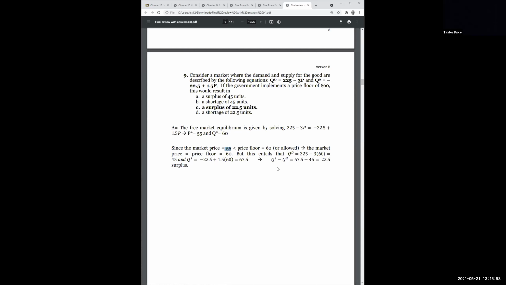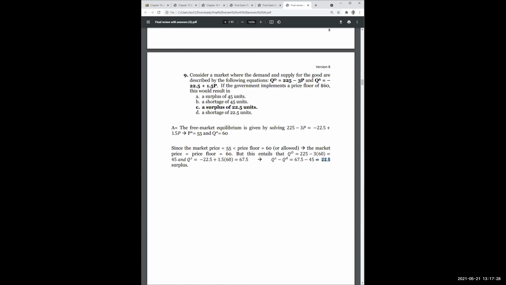Then from there, you need to find the quantity demanded and the quantity supplied at the price. To do that, you plug the price floor of $60 into the demand equation, and also into the supply equation. Then you subtract the quantity demanded from the quantity supplied to get the surplus.